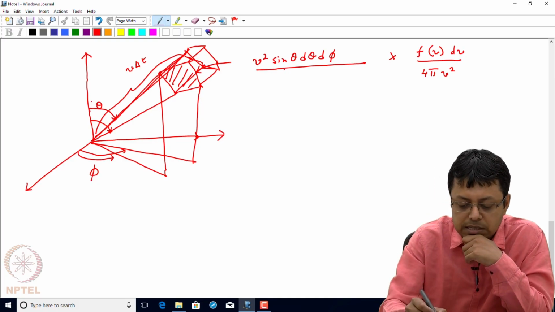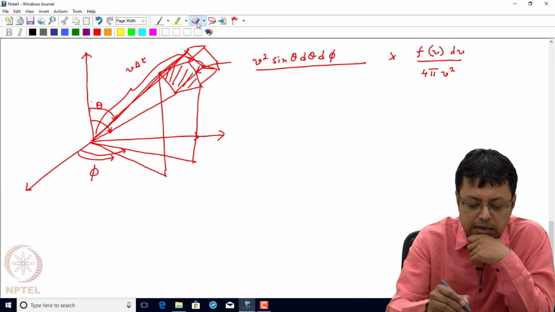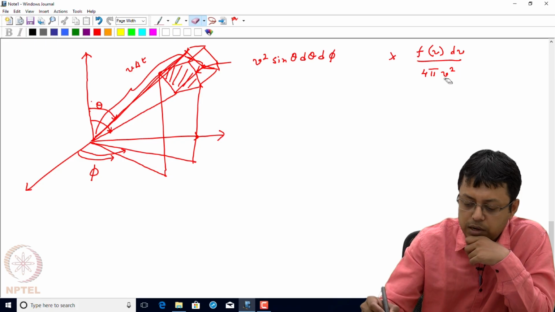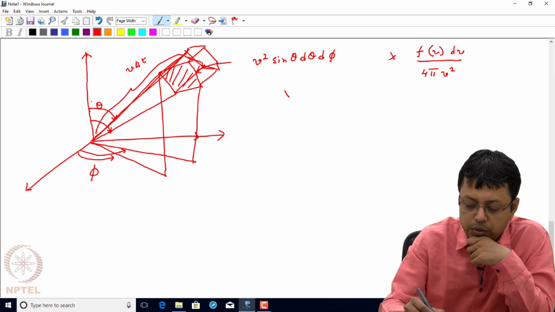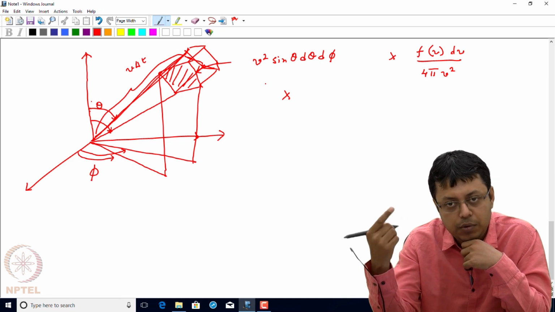So this is basically my distribution function, and that is a probability function, which we are now going to multiply with whatever we got for a single speed in a unit direction.